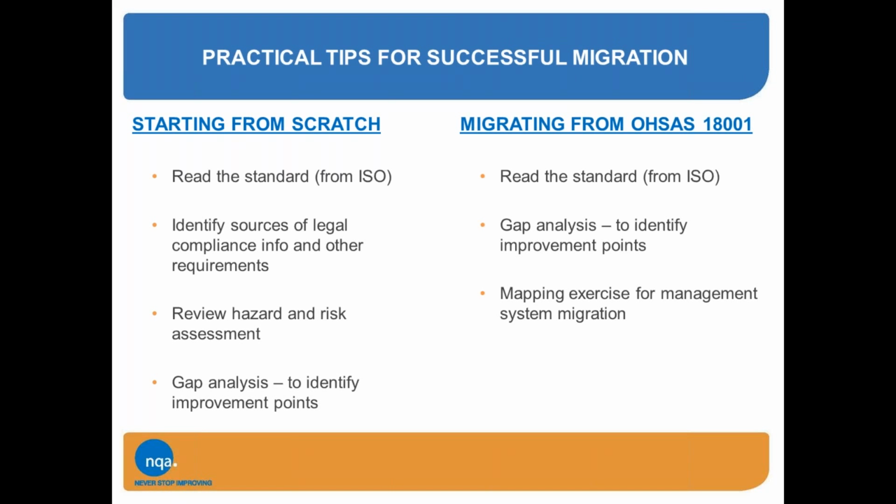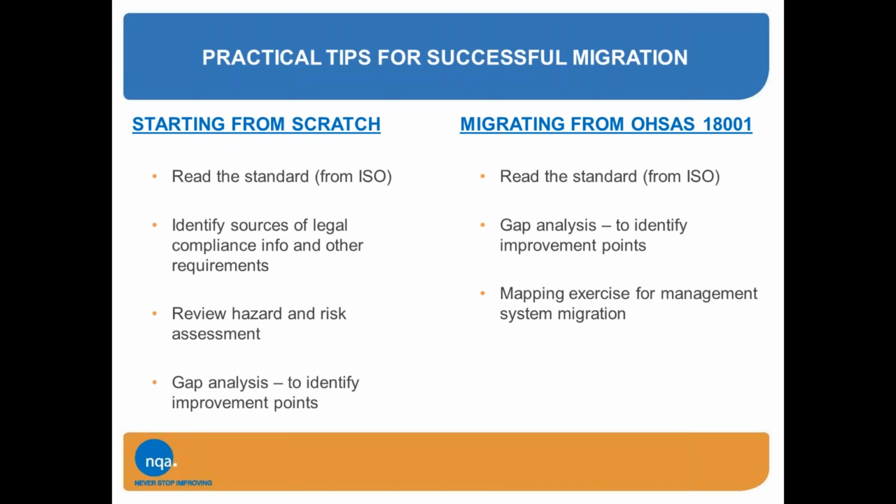And those migrating from 18,001, read the standard and have it available to you. Look at the gap analysis in the same way. And it may also be very worthwhile to do a bit of a mapping exercise in relation to what you've already got in place and where you think you could meet using your existing operations and your existing system structure to map across to the requirements of 45,001.